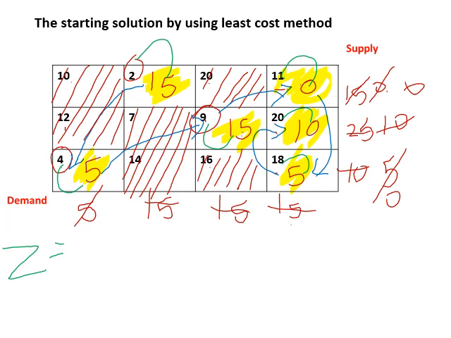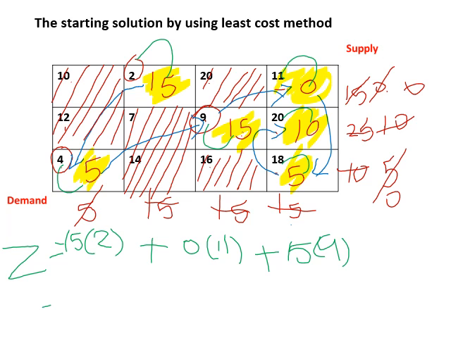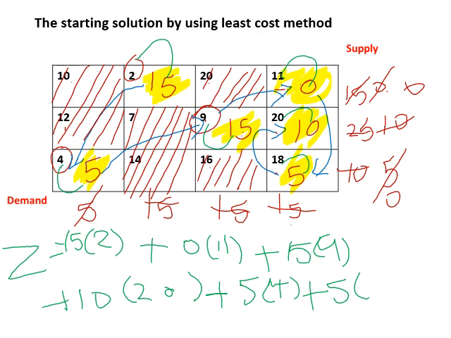Z in this case by using the starting solution least cost method is equal to 15, which is the quantity, times 2, which is the cost, plus 0 times 11, plus 15 times 9, plus 10 times 20, plus 5 times 4, plus 5 times 18, which is equal to 475.